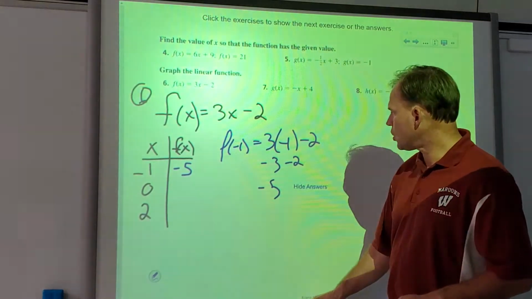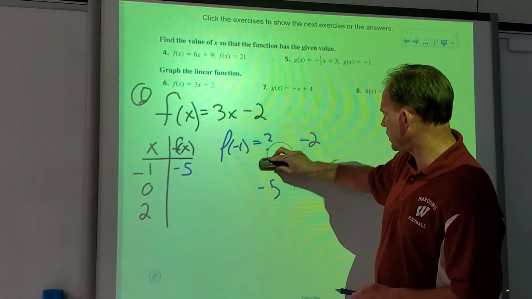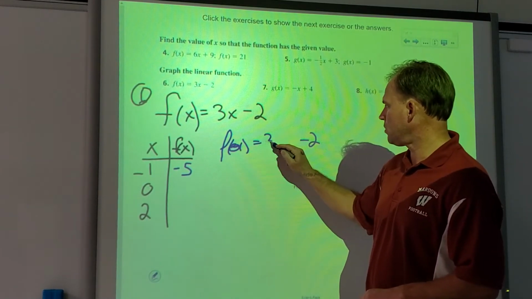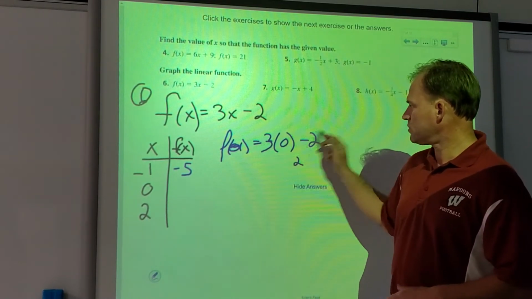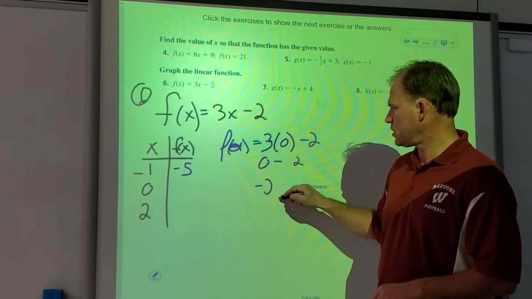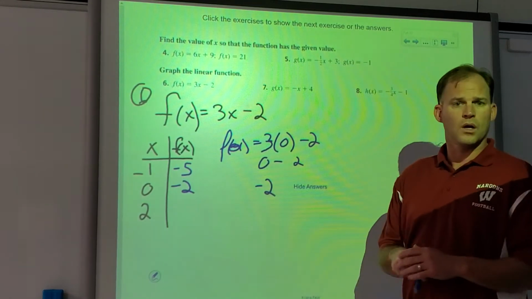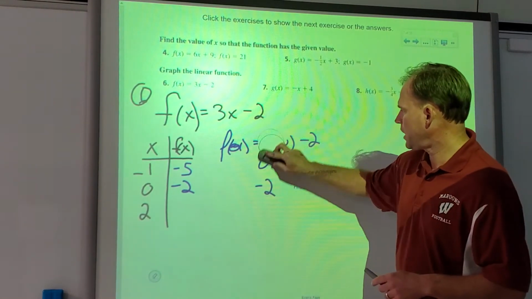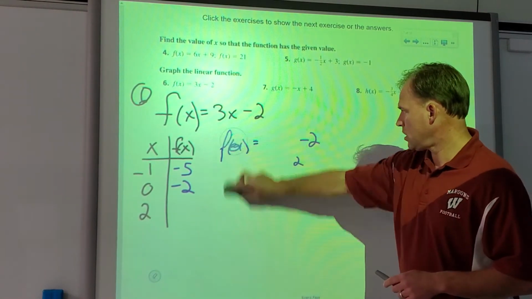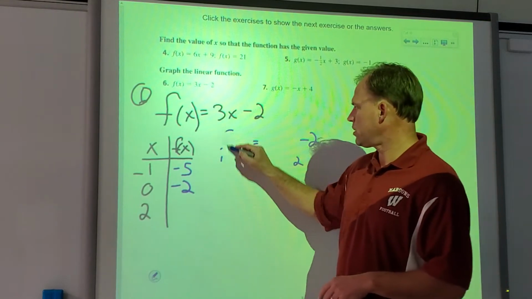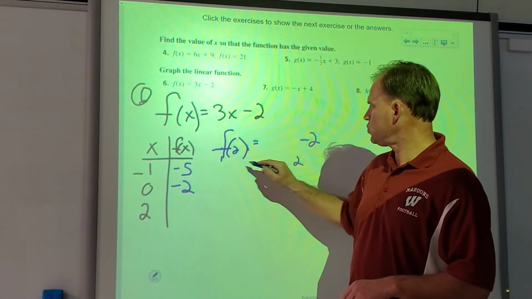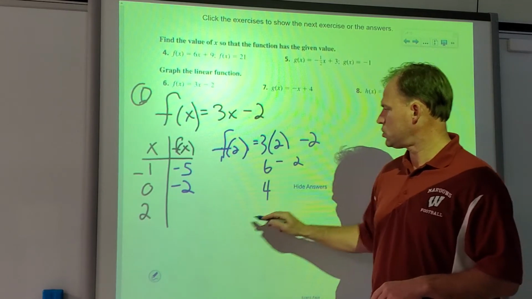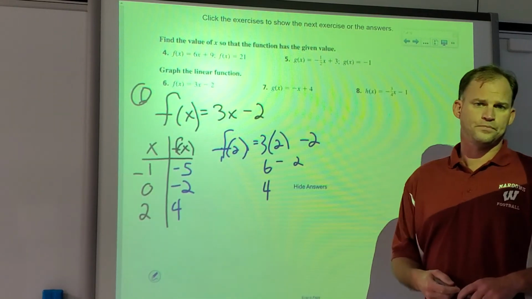Okay? So next one says plug in 0. So I'm going to plug in 0. 3 times 0 is 0. 0 minus 2 is -2. All right. Once you get rolling on some of these, they do go pretty quick. And the last one here, plug in 2. 3 times 2 is 6. 6 minus 2 is 4.